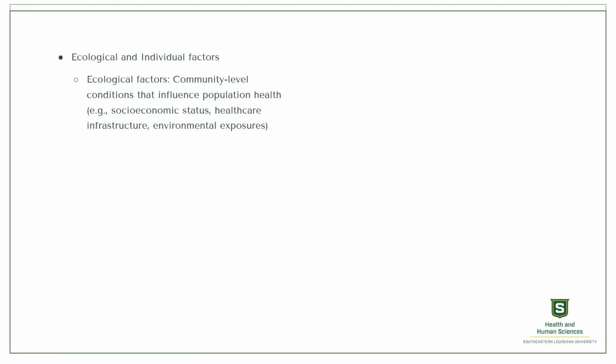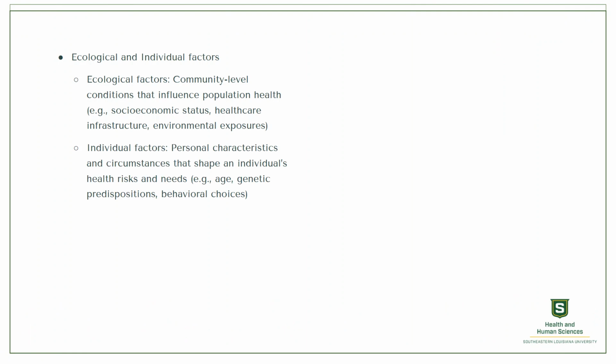This is where you have some of the social determinants of health, like socioeconomic status, but you also have things like infrastructure, healthcare infrastructure, and environmental determinants of health. On the individual elements, or individual factors, we're looking at one's personal characteristics and circumstances that shape their individual health risk and the needs that they have in terms of healthcare.